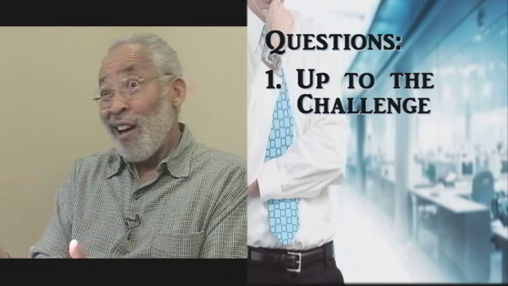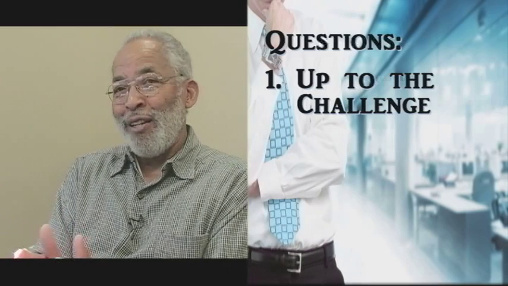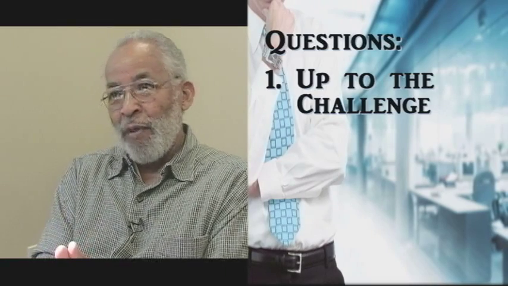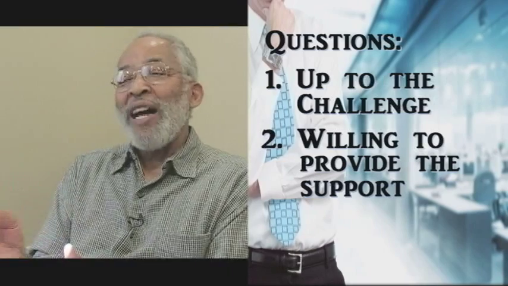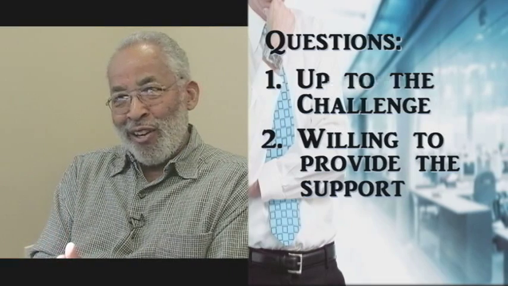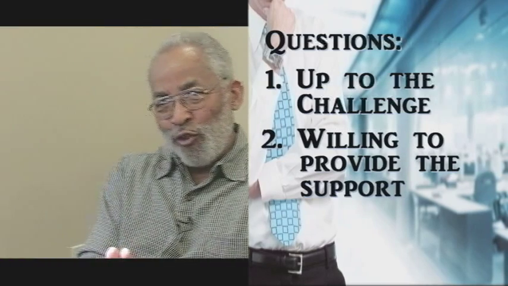What questions should you ask this person in order to ascertain whether or not, one, they're up to the challenge, that is, they are likely to have the energy necessary to meet the challenge, and two, am I willing to provide the support necessary to help this person be successful?